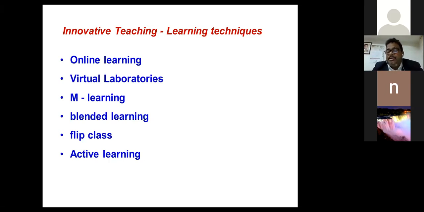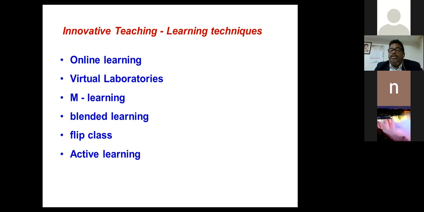Active learning is now working in India. Hackathon, then PBL, then other projects, these are all hands-on kinds of learning. These are all concepts we have taken from abroad, and so many new things you can also innovate here. These are some of the new learning techniques.